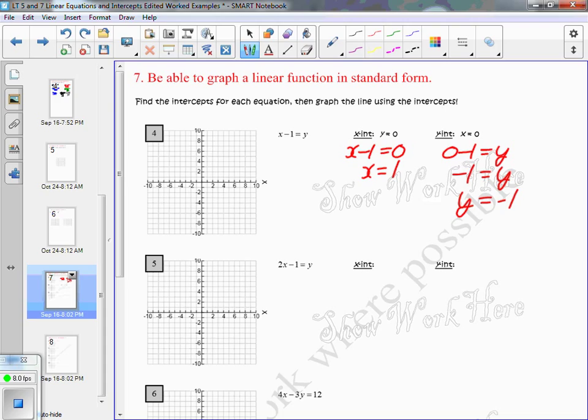X equals 1, so the line crosses the x-axis at 1. So put that point on your graph. And then y equals negative 1, so the line crosses the y-axis at negative 1. Put that point on your graph. Guess what you do with those 2 points? Draw the line.